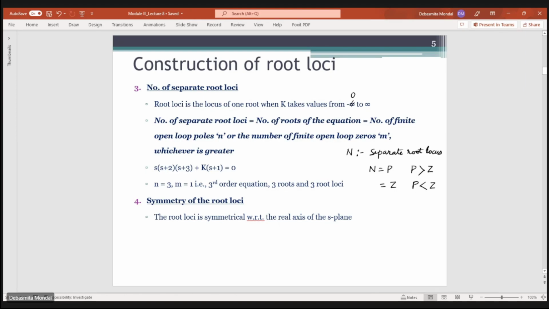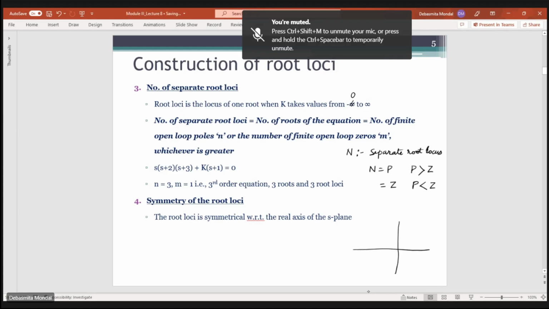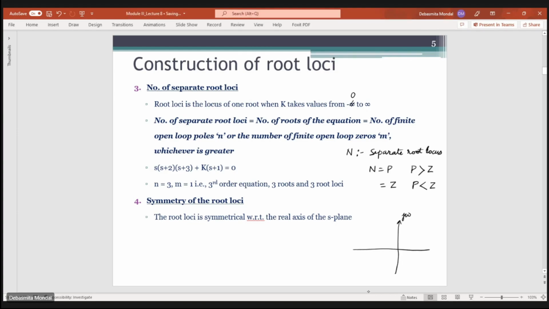So if this is your imaginary axis, the j omega axis, and this is your sigma axis, and you know the root locus in the top half of the real axis, then you can simply take a mirror image of that, and that mirror image will give you the overall root locus.